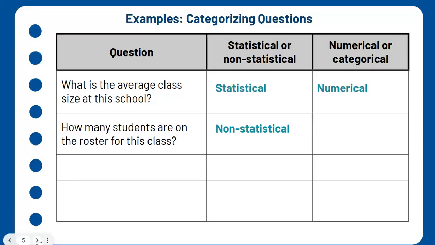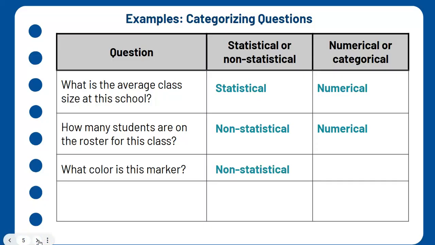This question would produce numerical data that does not vary. It's still talking about the number of students in the class, so it's numerical, but it's non-statistical because there's no variability. There's only going to be one answer on how many students are in the class.